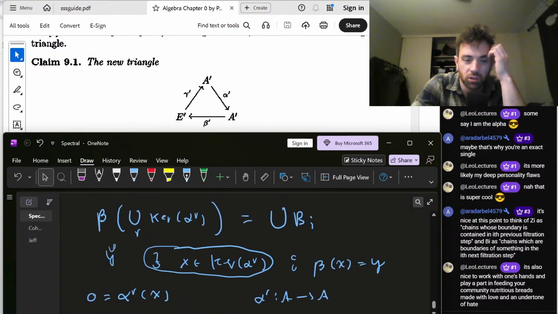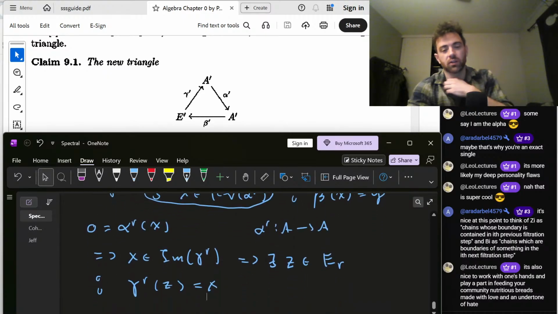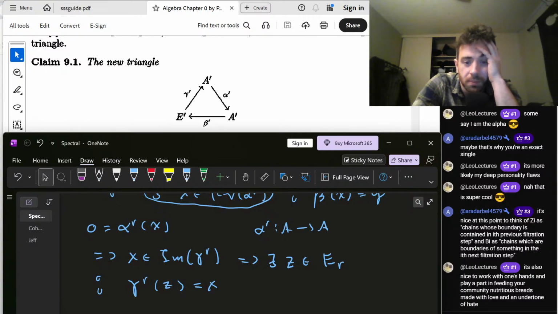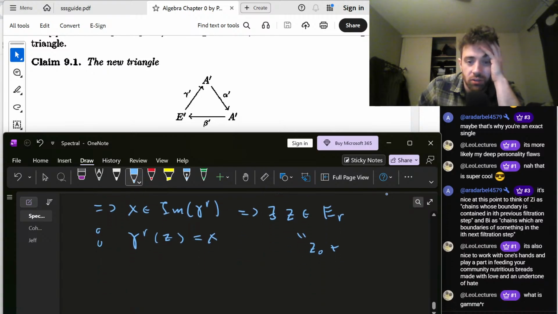Where am I going? I'm trying to say this is in the union of the BIs. But I mean, what is Z? Z is really a z naught. Z is really a z naught plus an image.